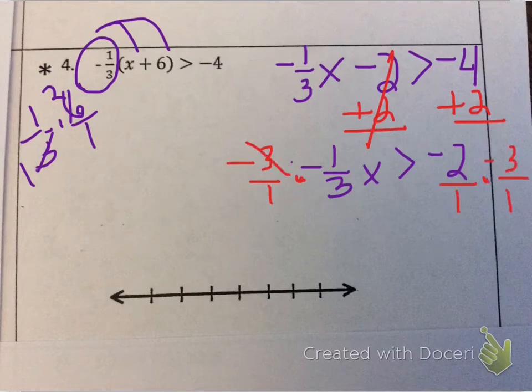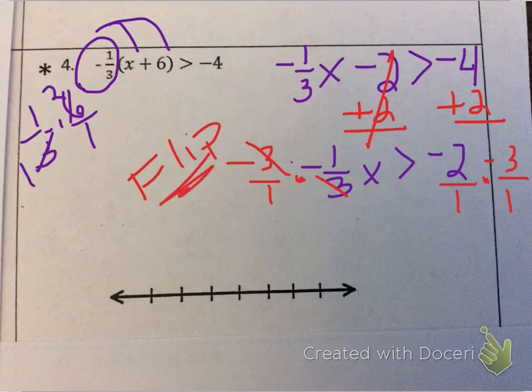On the left side, everything cancels out except for my x. And what happened? I multiplied by a negative, so I need to flip my symbol. It's now a less than symbol. My 1/3 and my 3/1 all cancel out, and I am left with x is less than, and on the right side I have two negatives, so that would be positive, and 2 times 3 is 6.